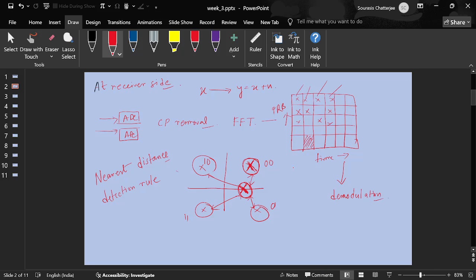Yeah, correct. And when will I have an error, just in this diagram? For example, I transmit 00. At what point should the received symbol be to cause an error according to this rule?